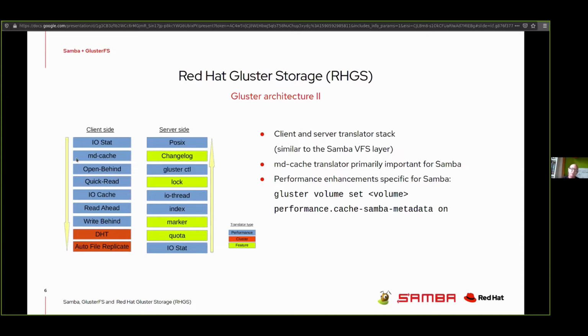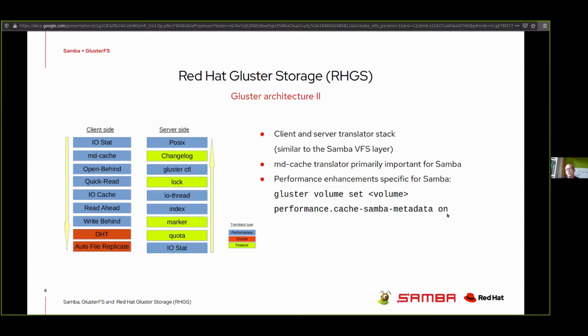You can see it's activated using this command line utility, cluster volume set, performance cache Samba metadata on. If you enable this, then it will activate caching of, for example, the DOS attributes, extended attribute contents, the security ACL. So in case you store the ACLs natively using ACL etc., which we'll also have a look at later on. So it will implement all these things and activate them.